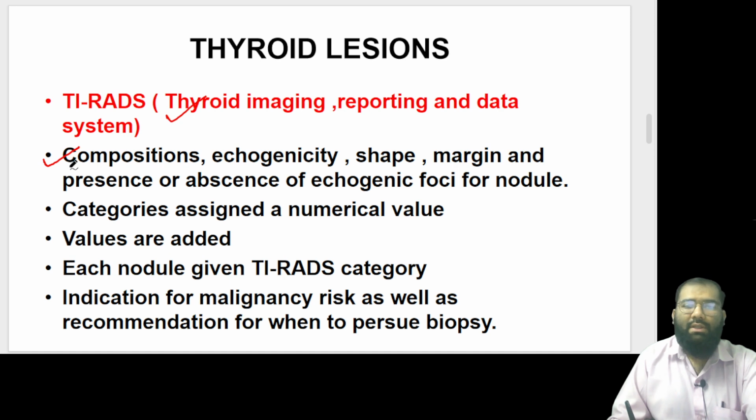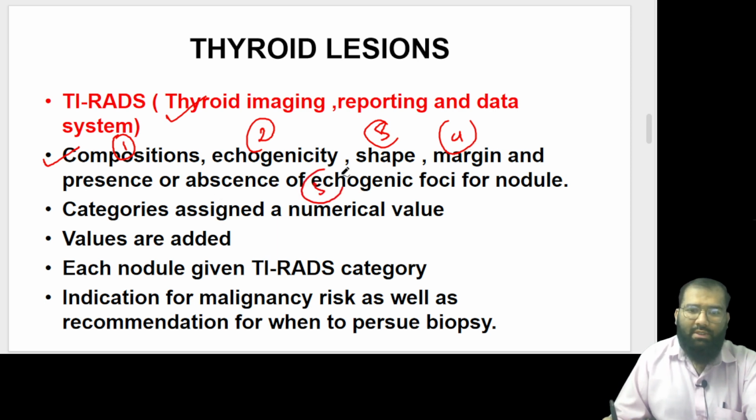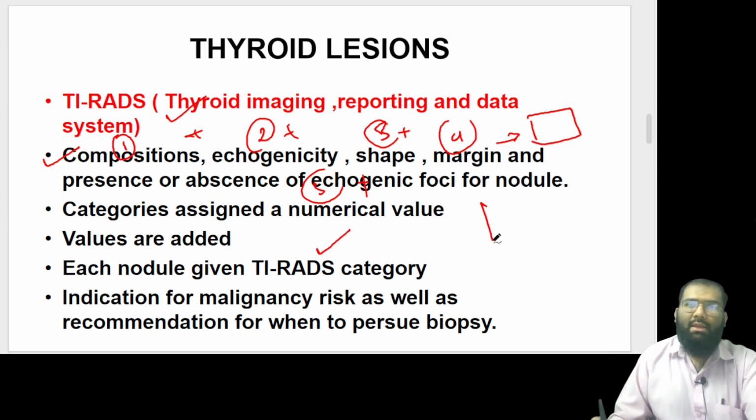There are 5 important things: composition, echogenicity, the shape, the margin, and the presence or absence of echogenic foci, and you have to give numbering to each of these. Each of these is given specific points. All of these are to be added accordingly, and then you come across a final value of points, and based on that you give a TIRADS category. The higher the TIRADS category, the higher the chances of malignancy.